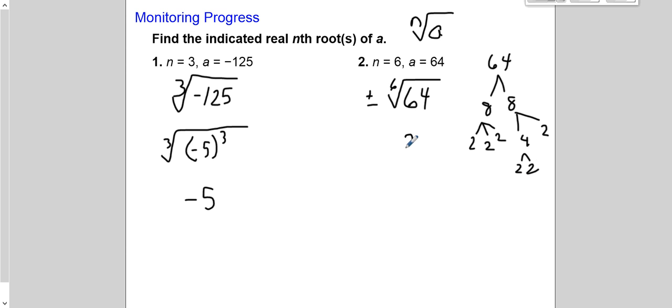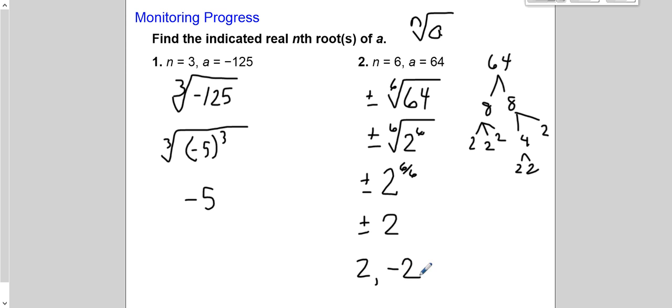But that is 6 2s. So the 6th root of 2 to the 6th is 2 to the 6 over 6 power, which is just 2. But we want the positive and the negative. It's an even root, it's an even index, so the answers are 2 and negative 2, which we usually will just write as plus and minus 2.